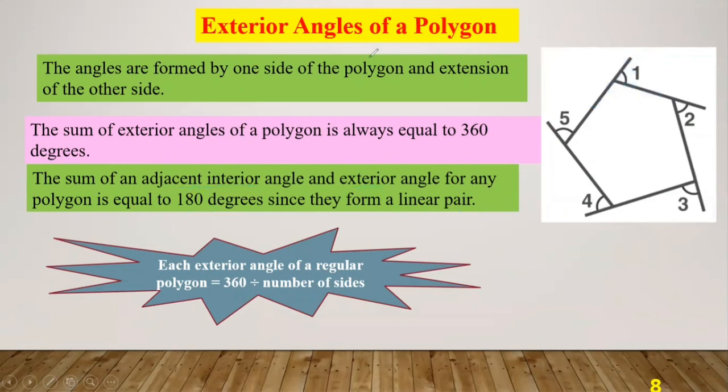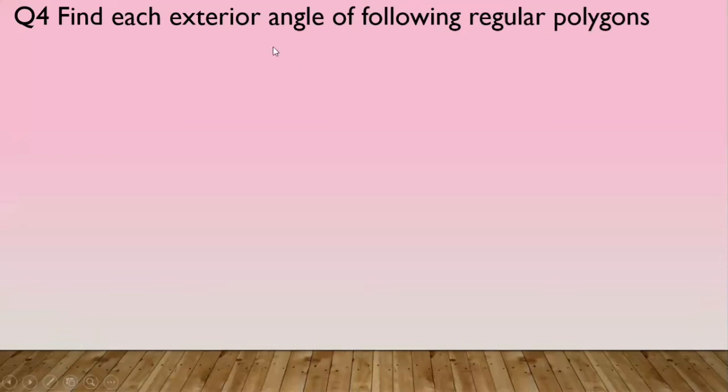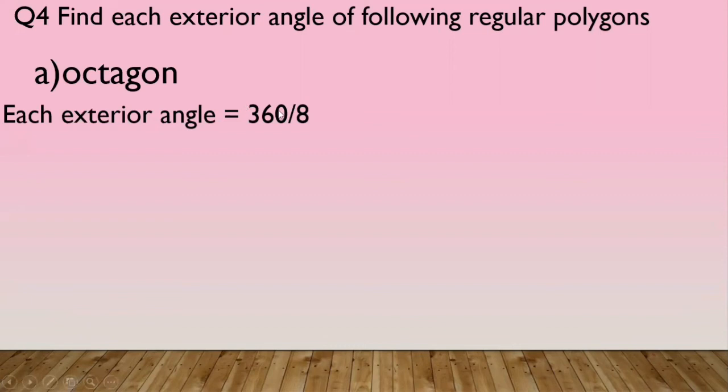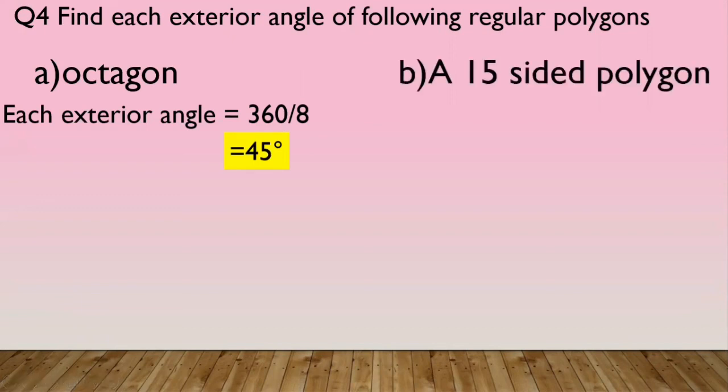It's very important. Let us solve the problems based on exterior angle. Find each exterior angle of the following regular polygons. Octagon. Octagon means how many sides? 8. So each exterior angle will be 360 degrees divided by 8, always, because the sum of all exterior angles is equal to 360 degrees for any polygon. So 360 divided by 8, we get 45. Come on, this one you will solve yourself.